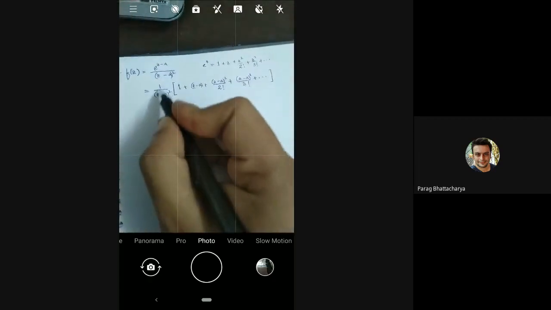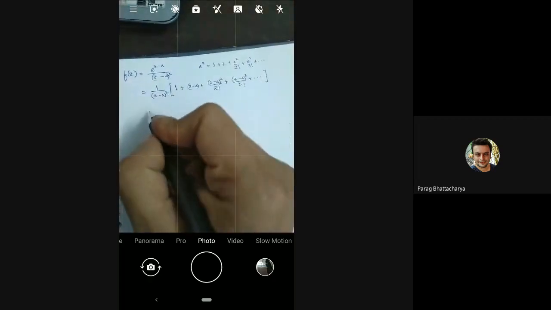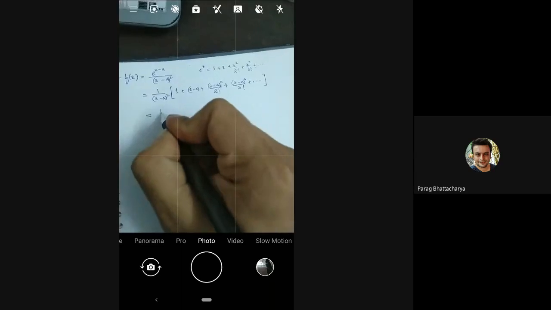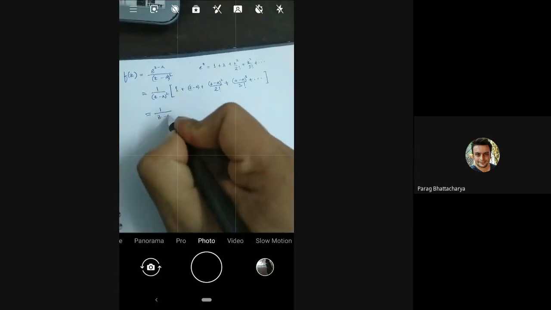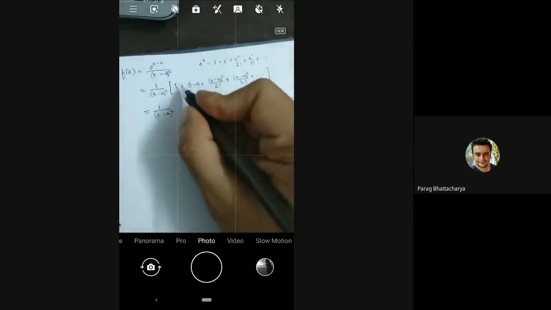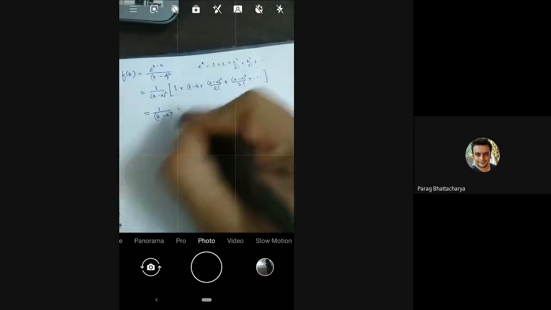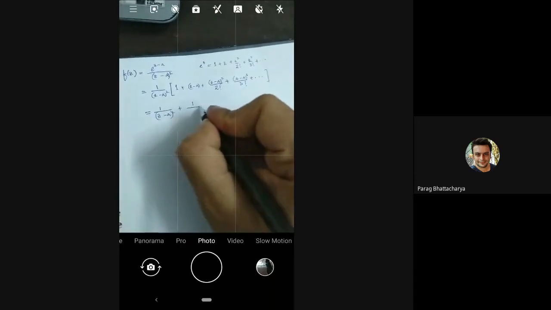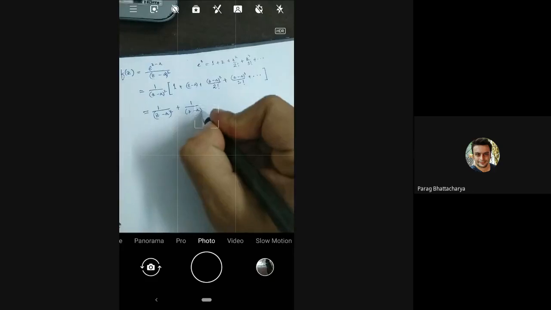Now just take this 1 by z minus a whole square inside, and when I do it, I get 1 by z minus a squared. Then z minus a by z minus a squared becomes 1 by z minus a alone.